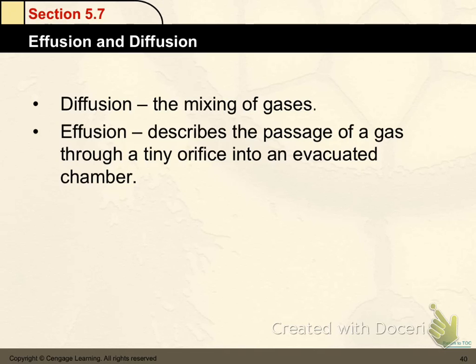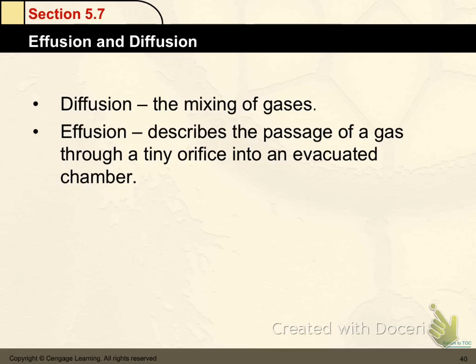All right, now, another mode that we will talk about when it comes to the movement of gases is called effusion. Effusion describes the passage of a gas through a tiny orifice into an evacuated chamber. So maybe picture a box, and in the middle of that box there's a partition. And in the middle of that partition there's a small little dot, and you have gases on one side of the partition.